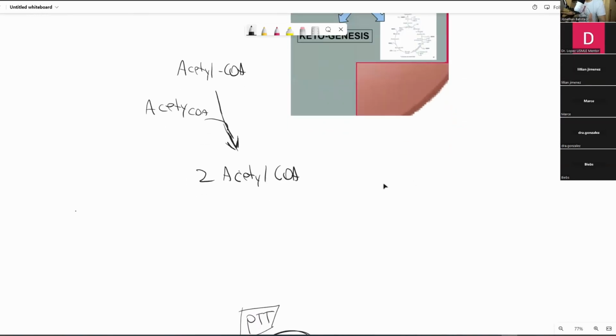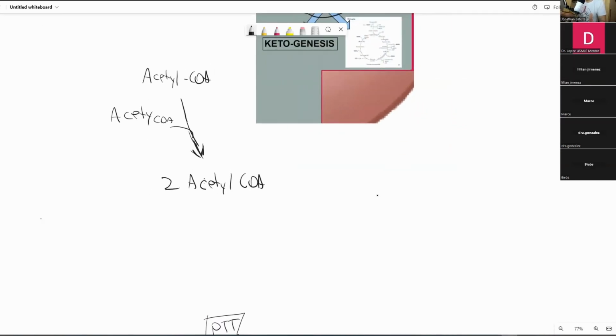Now, in this process of ketogenesis, the next step involves an enzyme called thiolase. So what we're seeing here is more acetyl-CoAs joining together. When 2 molecules of acetyl-CoA condense together, they make acetoacetyl-CoA.